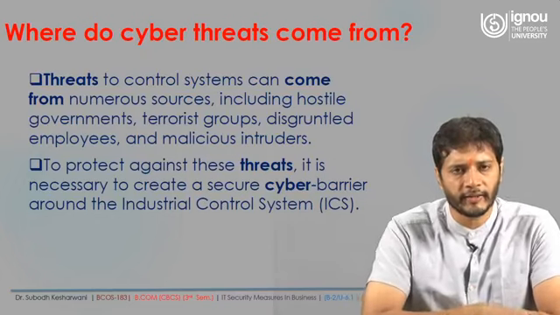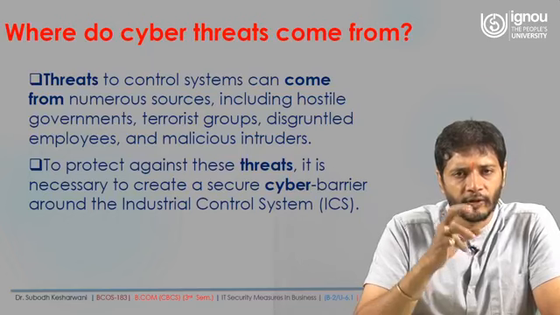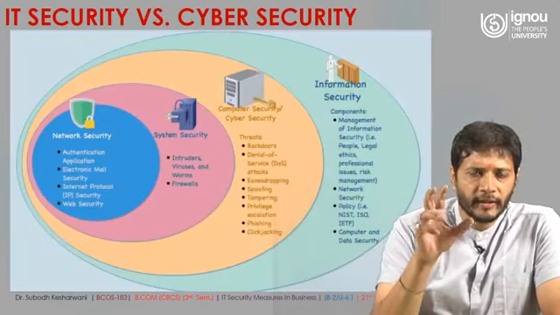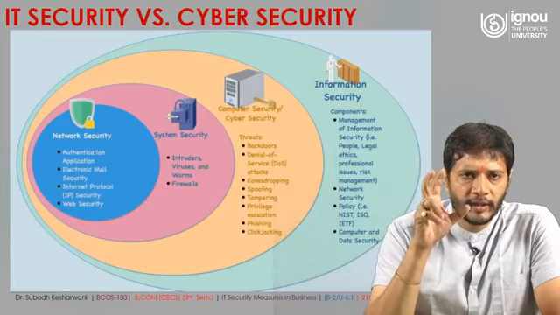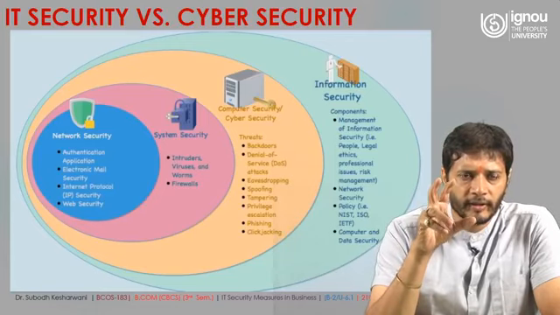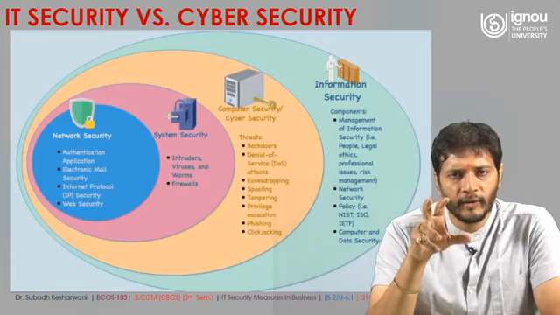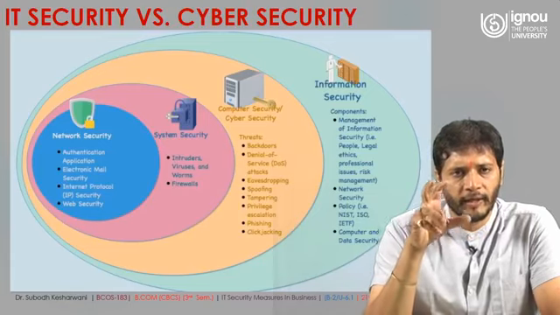To protect against these threats, it is necessary to create a secure cyber barrier around the industrial control system. This is very important, because this talks about IT security as a whole and cyber security in particular. And then in cyber security we have system security, we have network security.